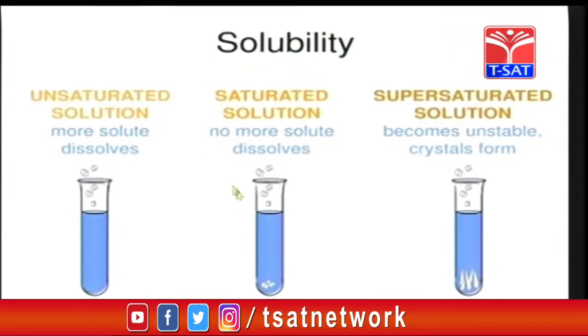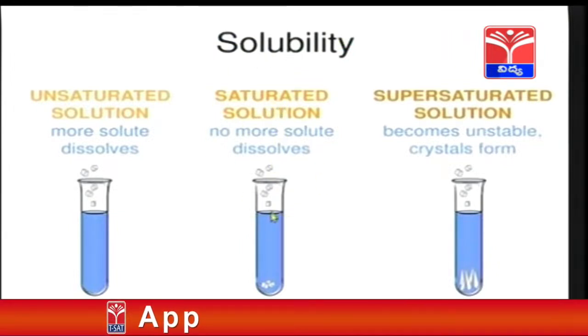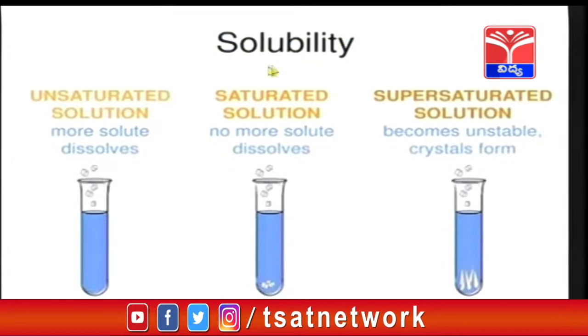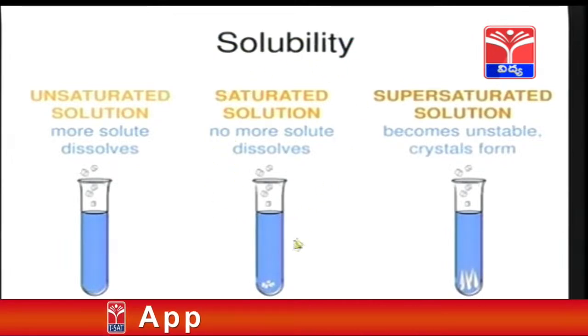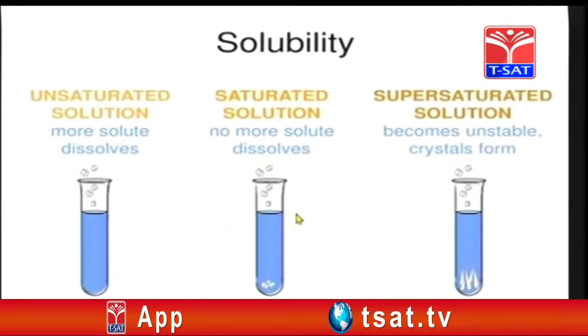It has a sufficient amount of solute particles in it. It cannot further take any more solute particles. After some time you can see the solute particles keep settling down here. So solubility is the amount of solute present in this solution. No more solute particles can be added.